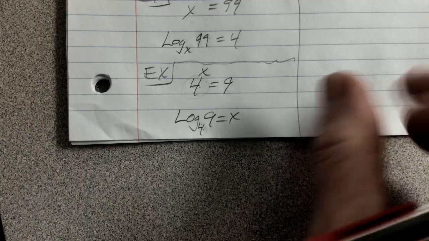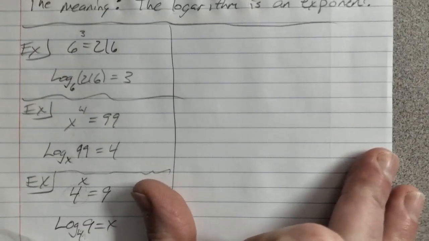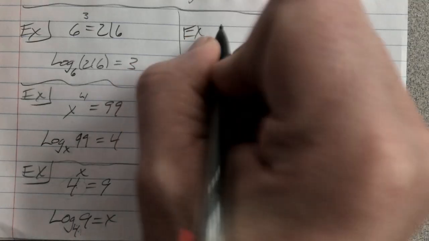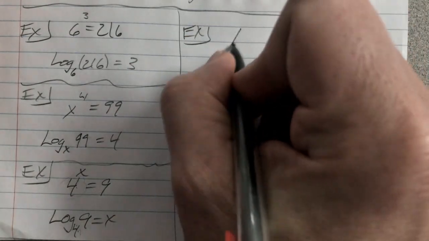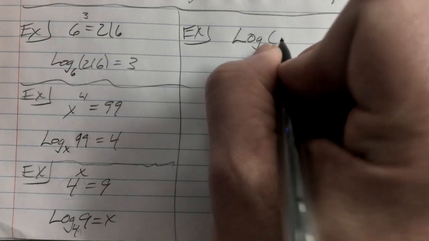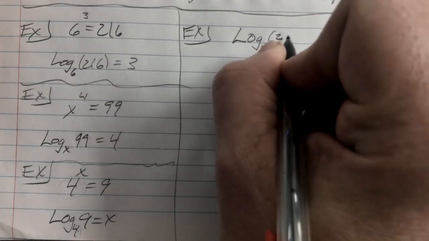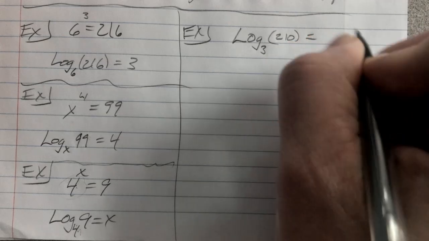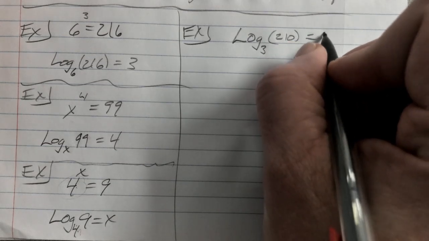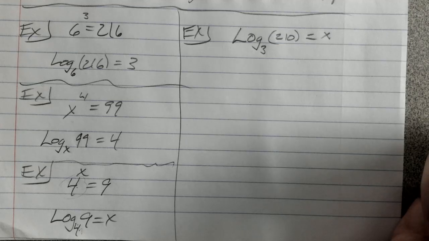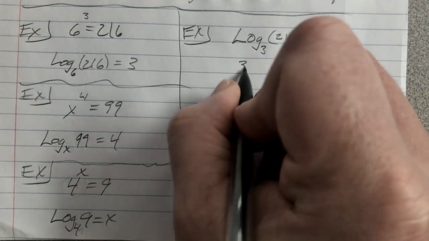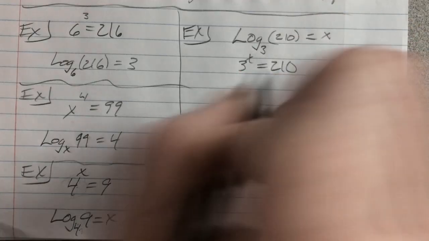All right, what if we go the other direction? What if we start with logarithms? Can you rewrite it in exponential form? So, Elvis, help me out. Let's go with log base 3 of 210 equals x. Keep it simple. All right, rewrite that in exponential form. Perfect. Good job.